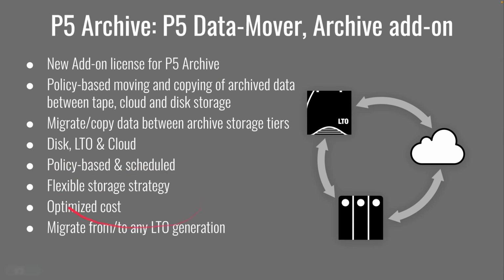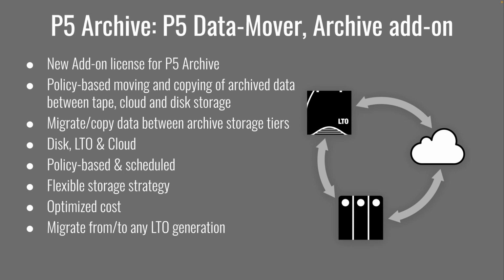It gives you flexibility and optimized cost. Basically, people have archives which last for many years of use, and in that time period, storage changes. LTO tapes get bigger and faster, cloud storage offerings get broader, maybe come down in price. Or disk storage probably gets more expensive for on-prem. So you may decide as years pass that you're not doing the best thing.